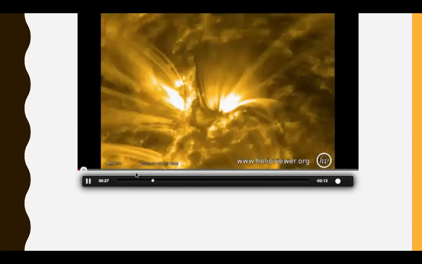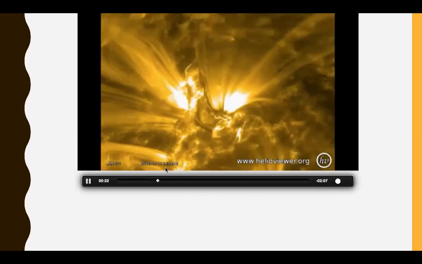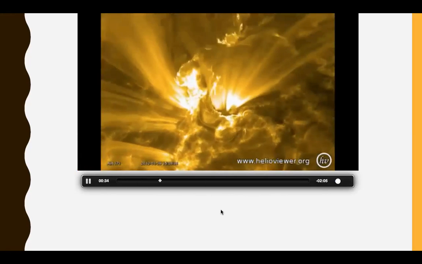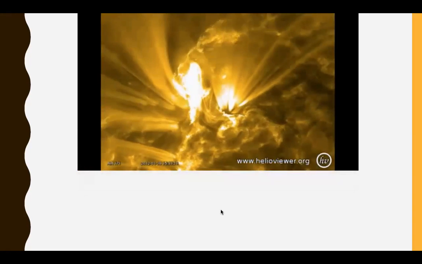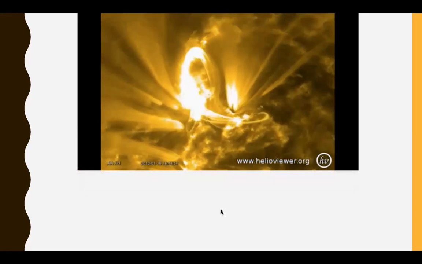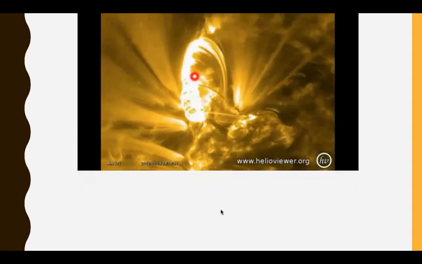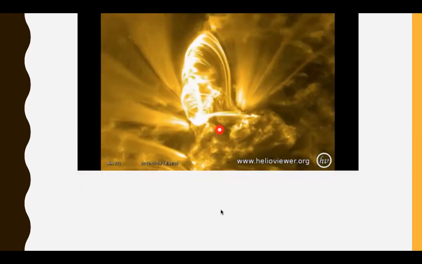Here's, oops, that was the next day. Here's 2012 as well on the 19th. You can see how swirly it looks because of the magnetic field.